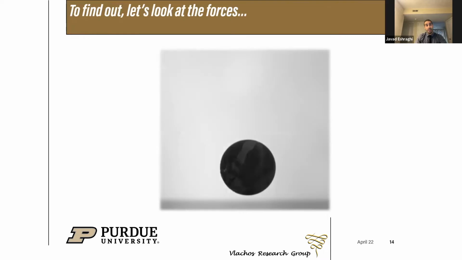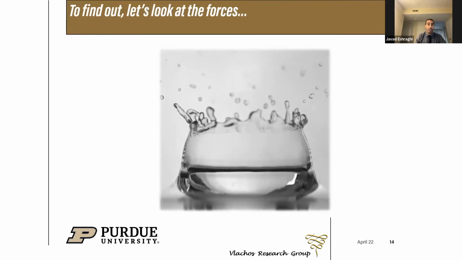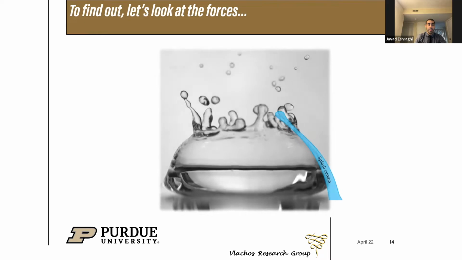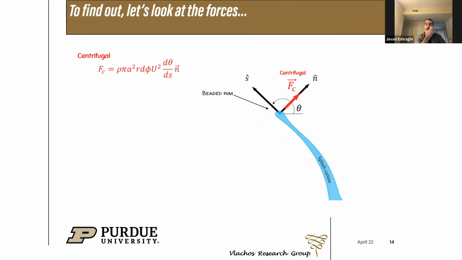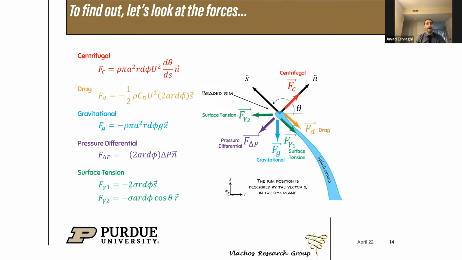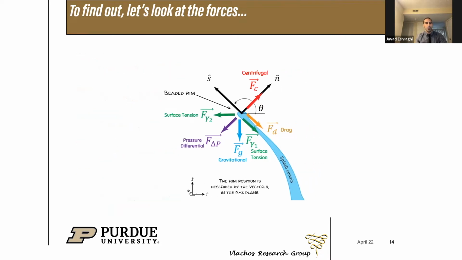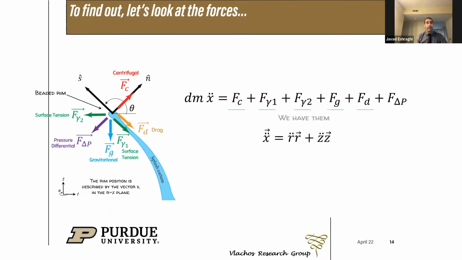So to find out the governing parameter of surface closure, we look at the forces acting on the splash curtain. These forces include the drag force, the centrifugal force, gravitational force, surface tension, and pressure difference force. We also wrote the equation of motion for the rim of the curtain. We could formulate all the forces but the pressure difference force.